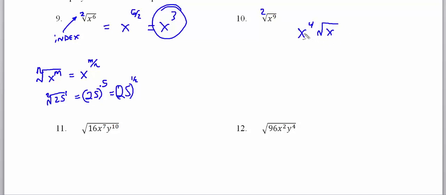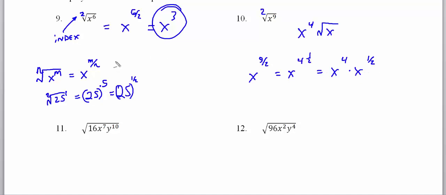This is literally x to the 9th power because I have x to the 4th from 2 fitting into 9 4 times, with 1 left over, x to the 1st power. Now, if you wanted to see it another way, you could have x to the 9 halves, which is the same thing as x to the 4 1/2, which then can be broken apart using the product rule, x to the 4th times x to the 1/2.